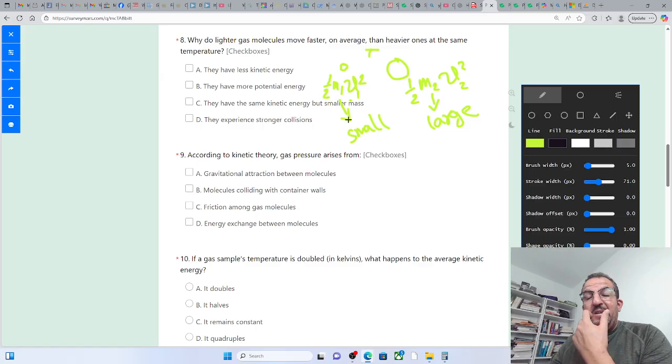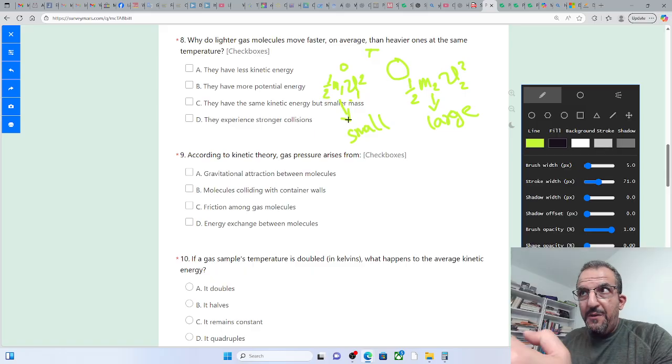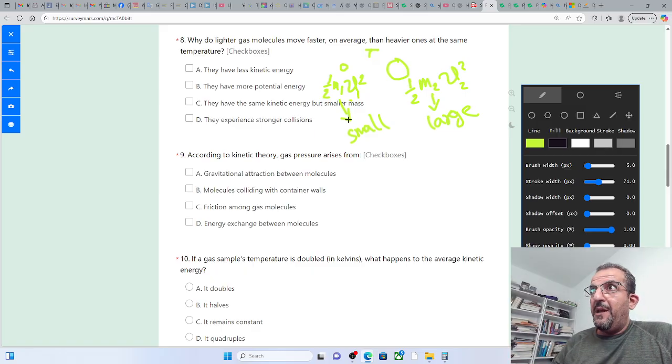But even though m1 is small and m2 is large, you will see that the smaller particles will have higher speed, and the larger particles will have a lower speed. And this combination between masses and velocities will give you the same kinetic energy, which will give you the same thermal energy. That means the same temperature.